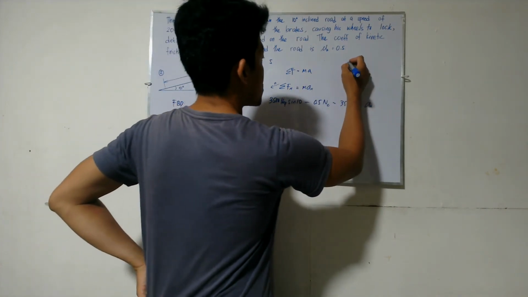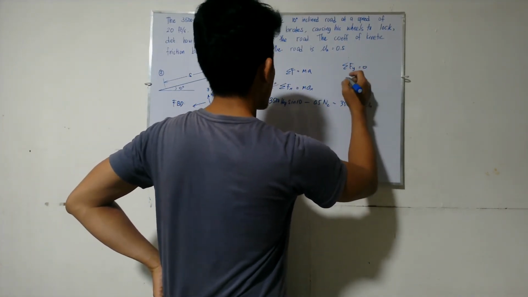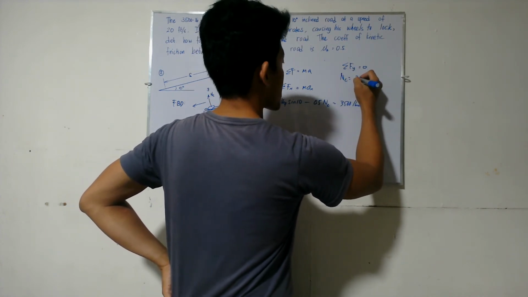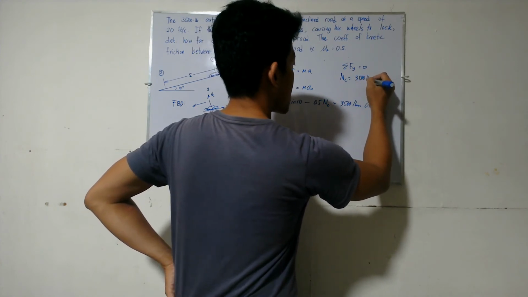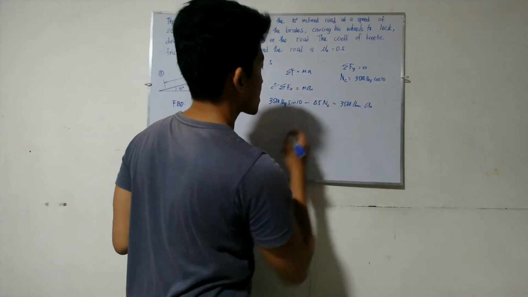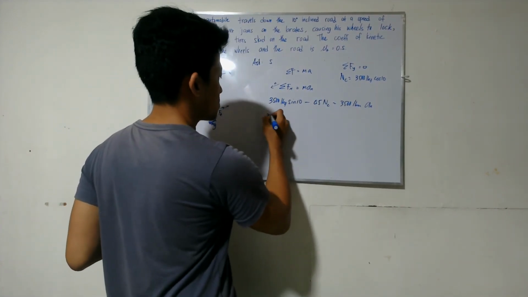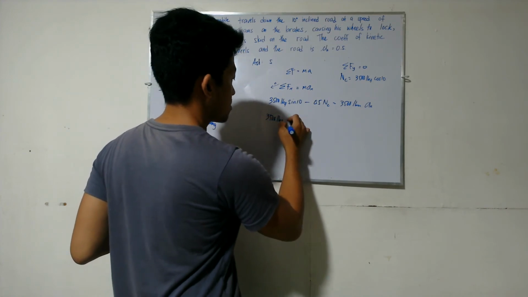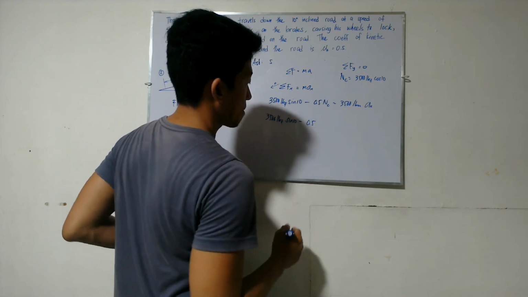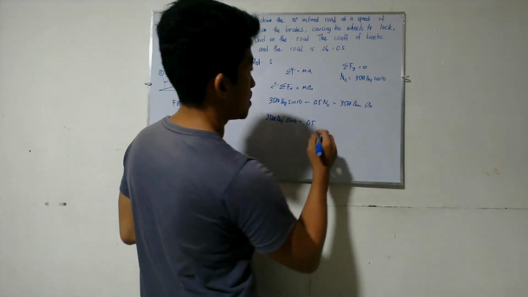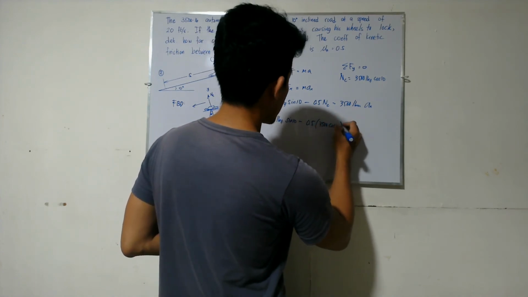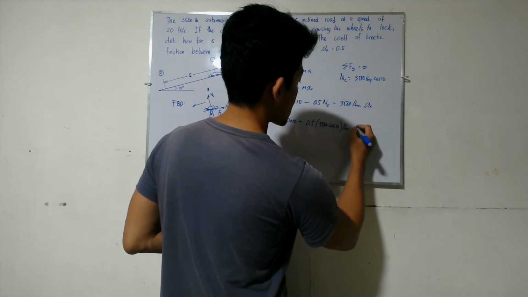We need to find the NC. So using summation of forces along Y, NC is just 3,500 pound force cosine 10. Okay? So we have 0.5 times 3,500 cosine 10 pound force.